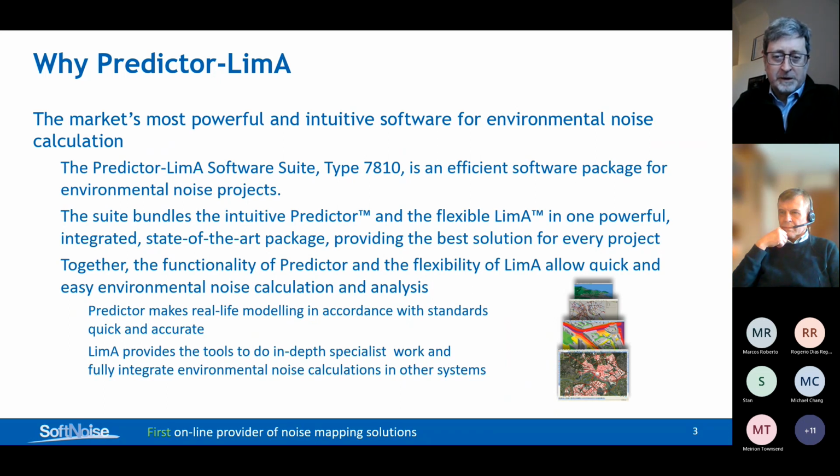Together, the functionality of Predictor and the flexibility of LimA allow you to quickly and easily make calculation and analysis of environmental noise. Predictor in particular makes real-life modeling in accordance with standards very quickly and accurately, while LimA provides tools to do in-depth specialist work and also to fully integrate environmental noise calculations in other systems.